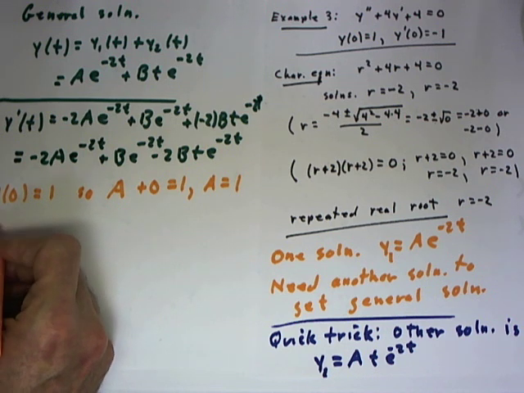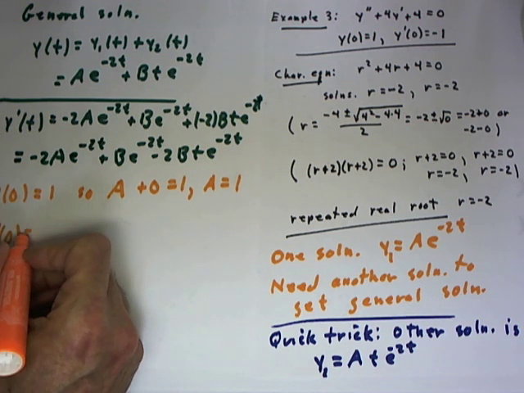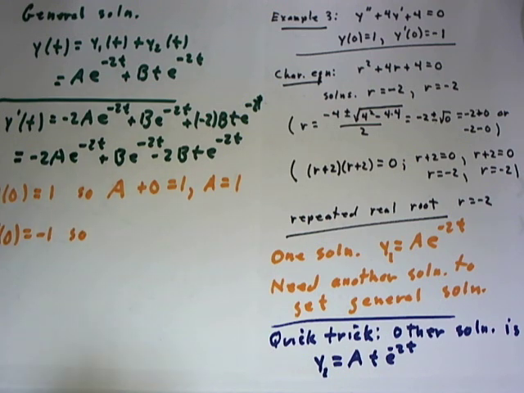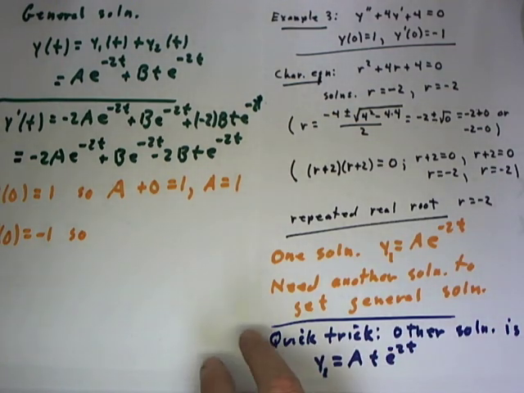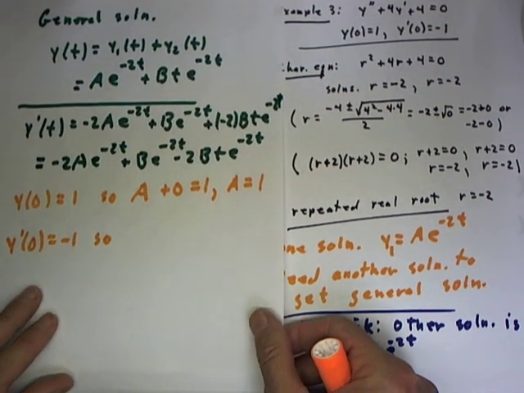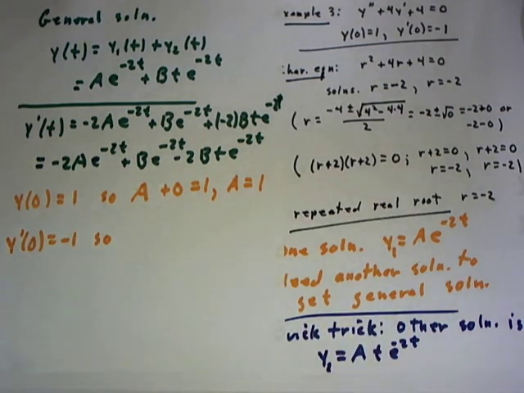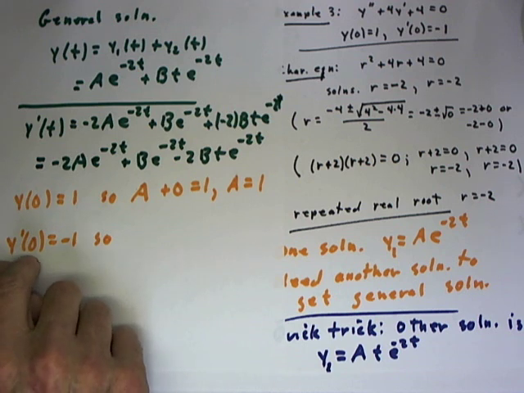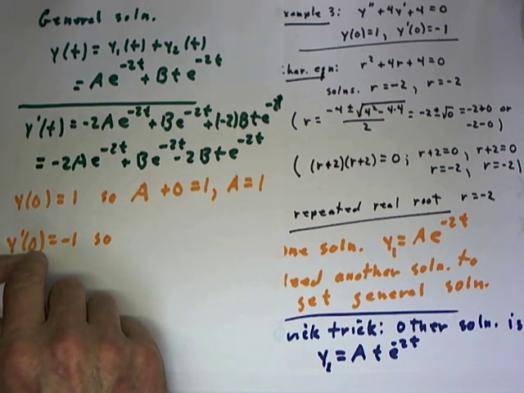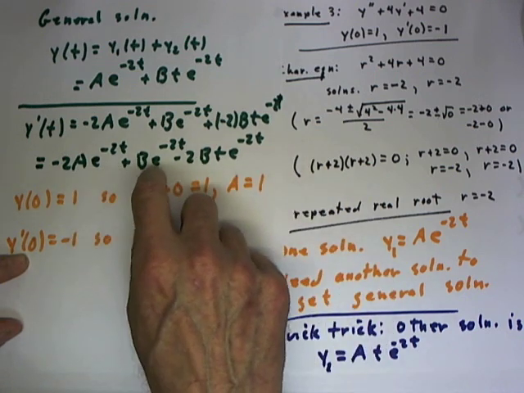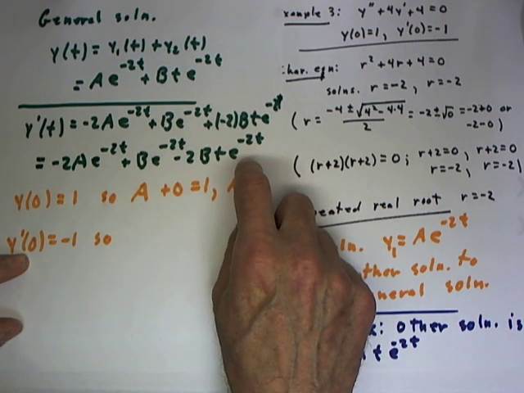Now let's see. Y prime of 0 needs to be negative 1. So what do we get for y prime of 0? Again, I'm not going to go through every detail of the substitution, because it's a very straightforward substitution. We put in 0 for t. All the e to the negative 2t's are going to be 1.